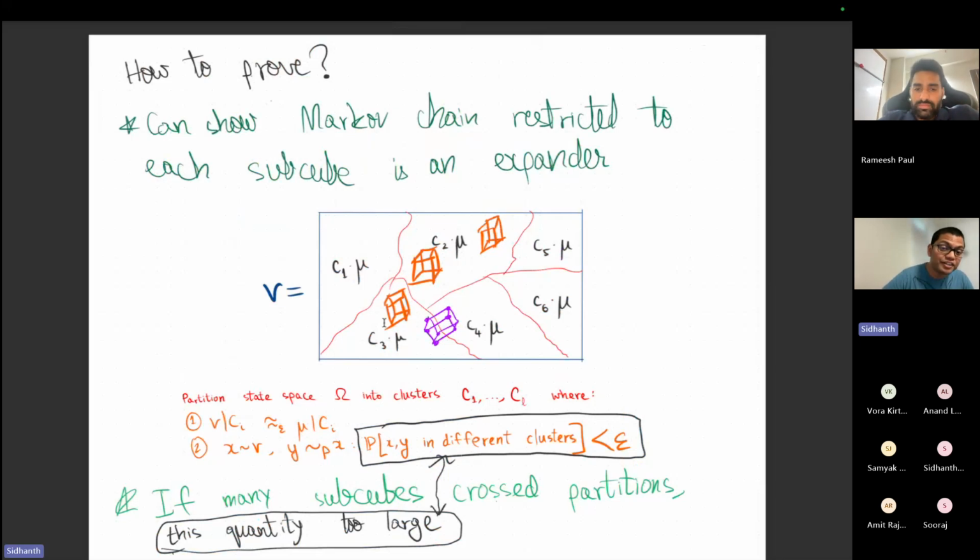But because these cubes are expanders, if these cubes were in fact in different clusters, the cuts between these clusters would no longer be sparse. These cuts would actually have a lot of edges due to the expansion of the subcubes. Which means the only consistent picture here is that the subcubes live within clusters. And because they live within clusters, the conditional distribution on them is the same as the conditional distribution on mu, and then the overall proof goes through.